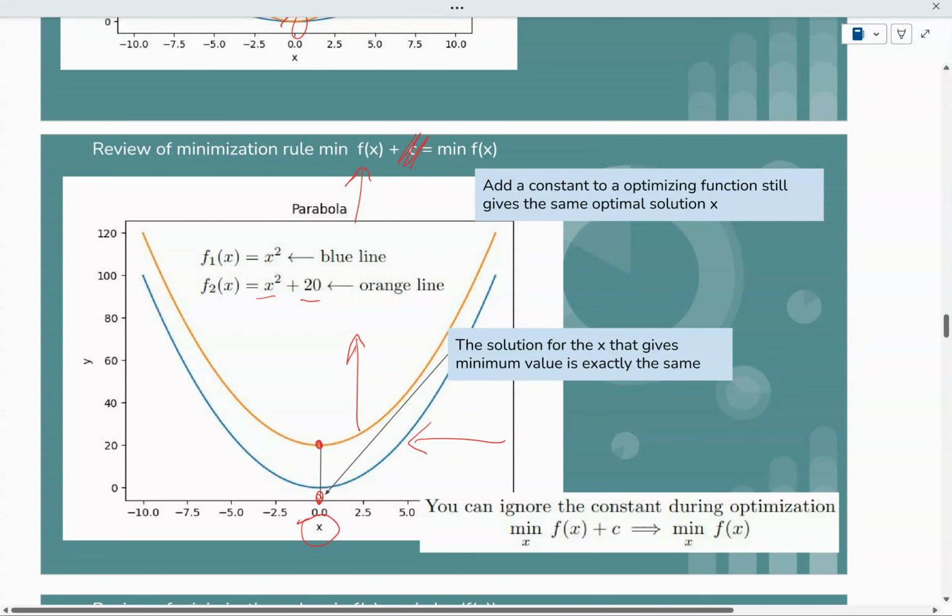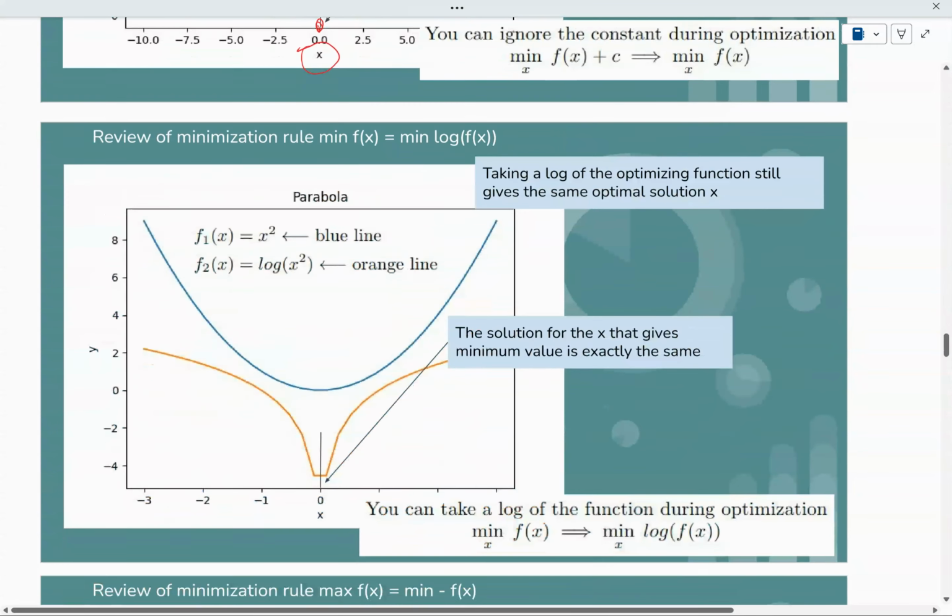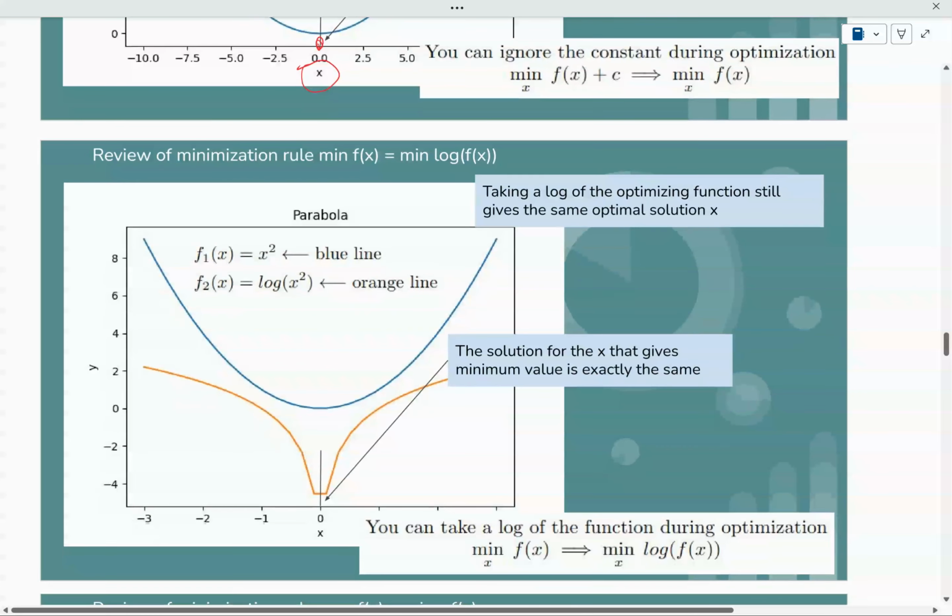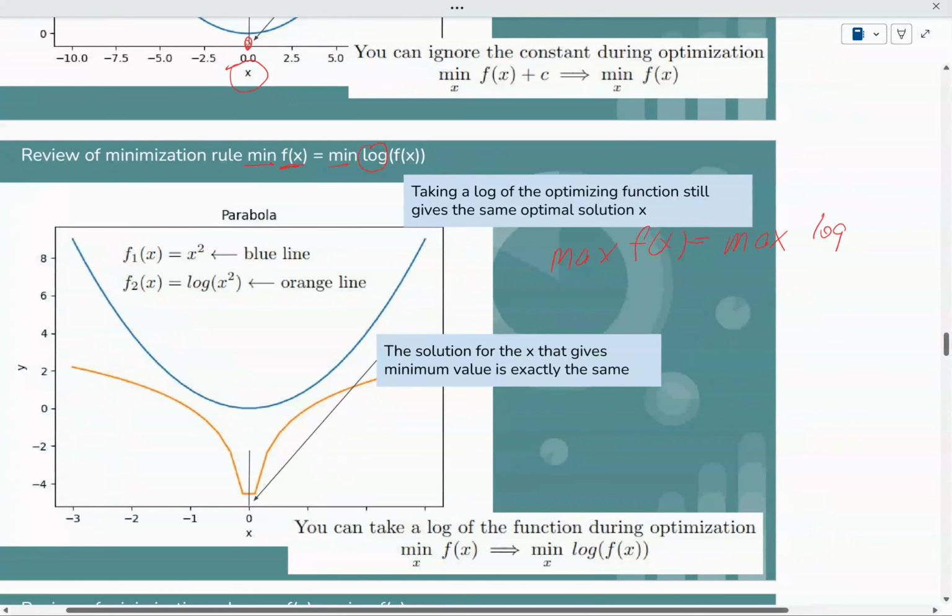Okay. The next trick is that minimizing some function is equivalent to minimizing the log of that function. Alternatively, when you're trying to maximize a function, this is equivalent to maximizing the log of that function.